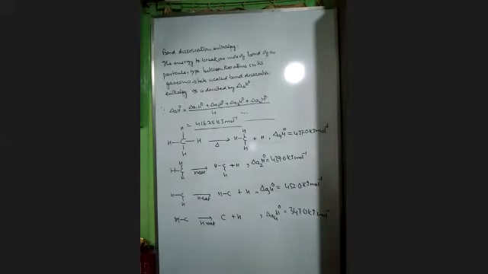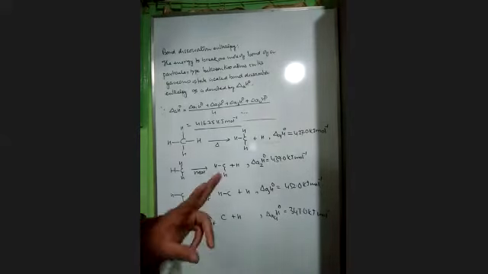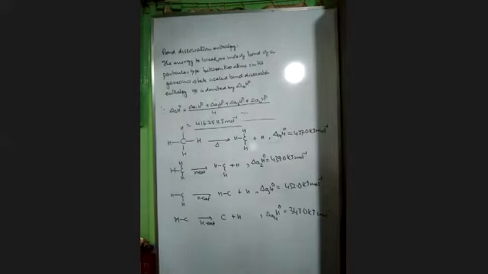So when they call bond dissociation enthalpy, please remember we are breaking a bond between two similar atoms, like breaking of hydrogen bond, bond between two oxygen atom, bond between two nitrogen atom, bond between two fluorine atom, bond between two chlorine atom, because these molecules are being formed by the same atoms. Or you have only one type of bond. It may be single bond, double bond, or triple bond.